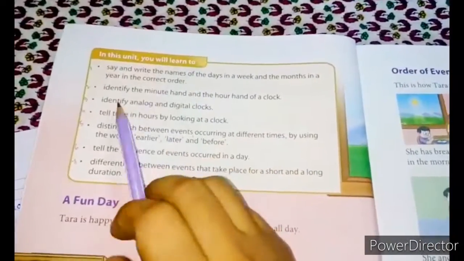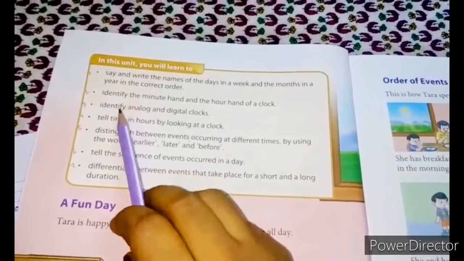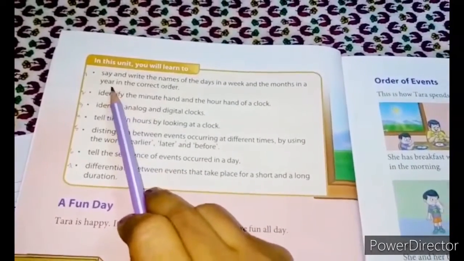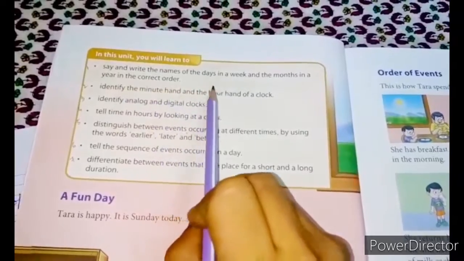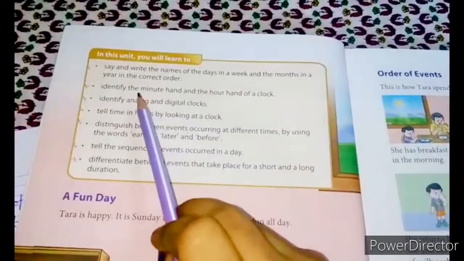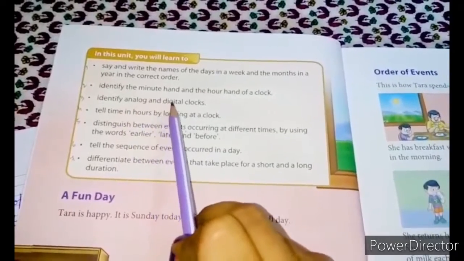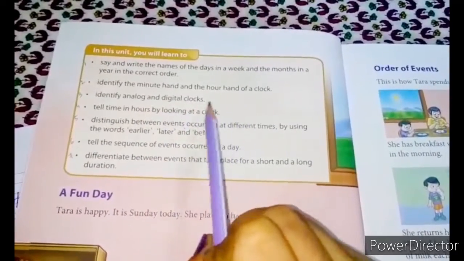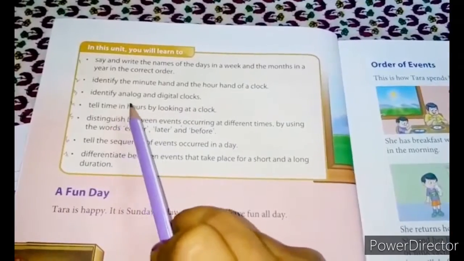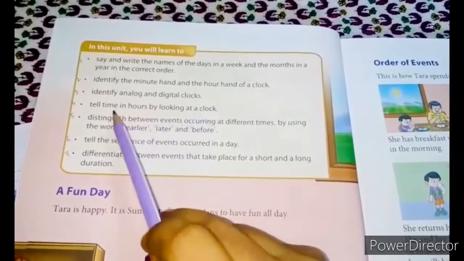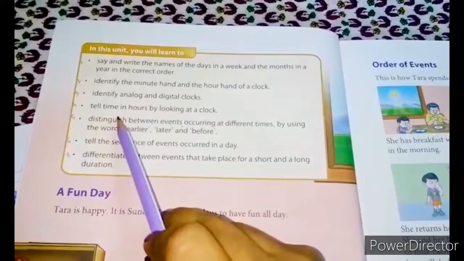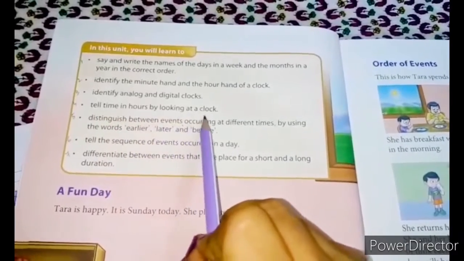See students, what we are going to learn from this chapter. Number 1. Say and write the names of the days in a week and the months in a year in the correct order. Number 2. Identify the minute hand and the hour hand of a clock. Number 3. Identify analog and digital clocks. Number 4. Tell time in hours by looking at a clock.